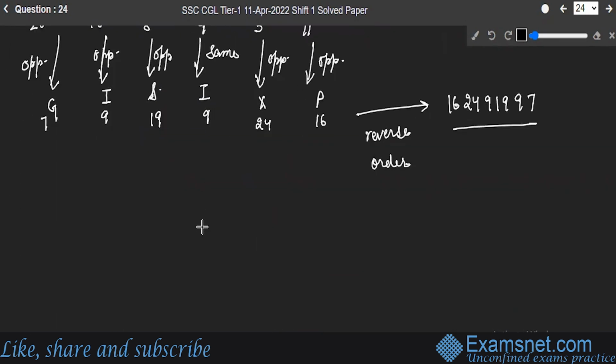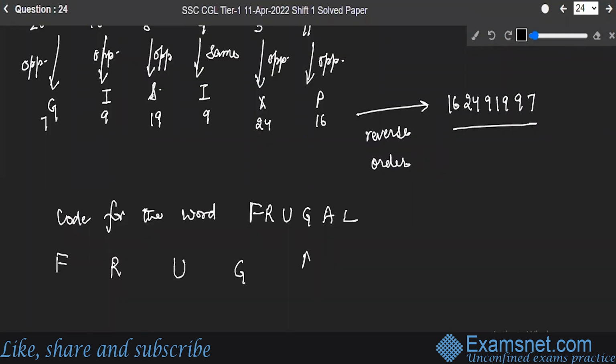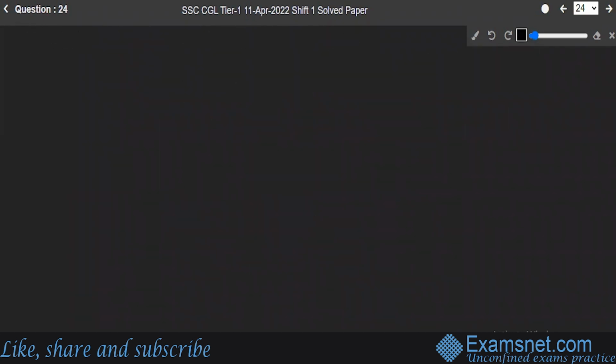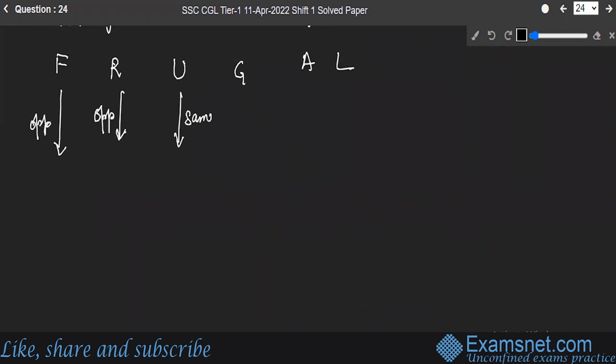Right? Now you have to find out the code for the word frugal. Let's write down the word and we will follow the same rule. F is a consonant, so I will take the opposite alphabet for it. And I'll take the opposite alphabet for R as well. This is a vowel, I will take the same one.